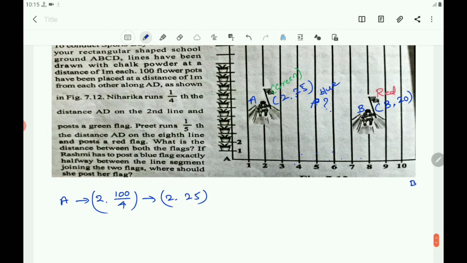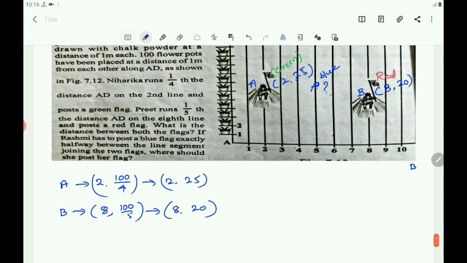Next you take the red flag. The position of the red flag is given, that is on the 8th line. So x coordinate is 8 and 1 by 5 part of the AD, so it is 100 by 5. So you take 8, 20 as the coordinates.